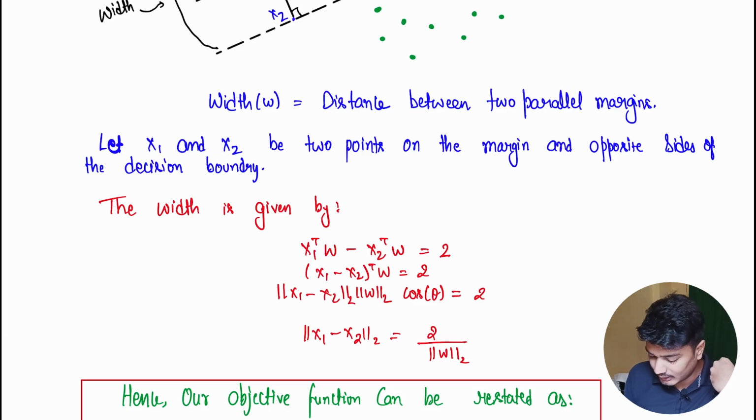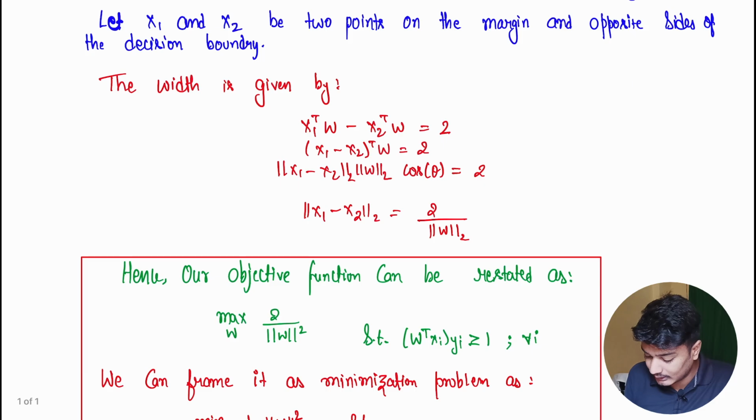We know this is a dot product, so we can write it with norms: norm of (x1 minus x2) times norm of w times cos theta equals 2. Theta is 0, so cos theta is 1, and we get that x1 minus x2, the distance, that is the width, is equal to 2 upon norm w.